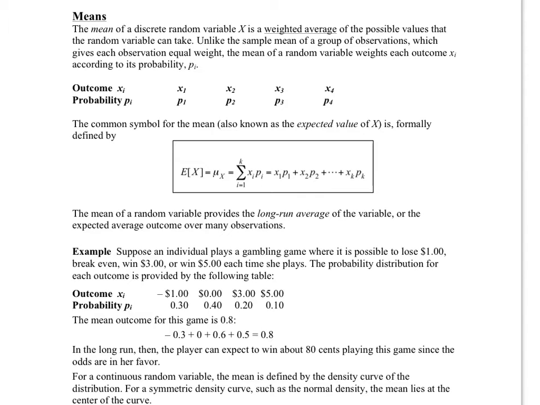What we're going to do now with the mean is discuss 2 rules for the mean, and the idea of these 2 rules is that they're intended to simplify your calculation of the mean and variance for a different variable, that depends, however, on the variable that you already have.